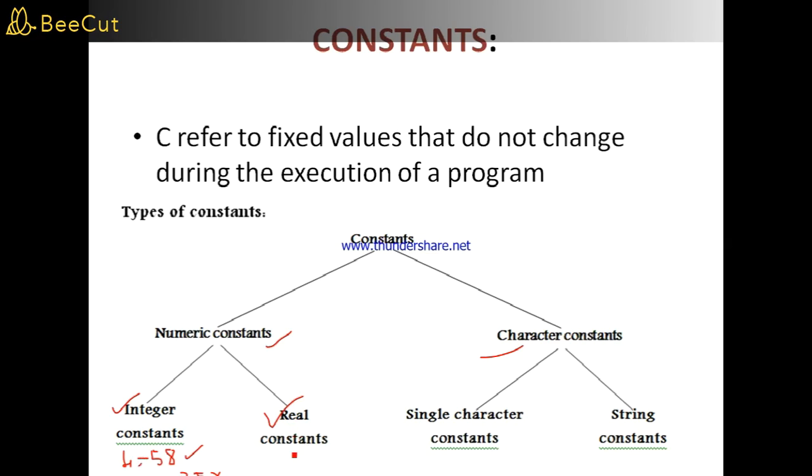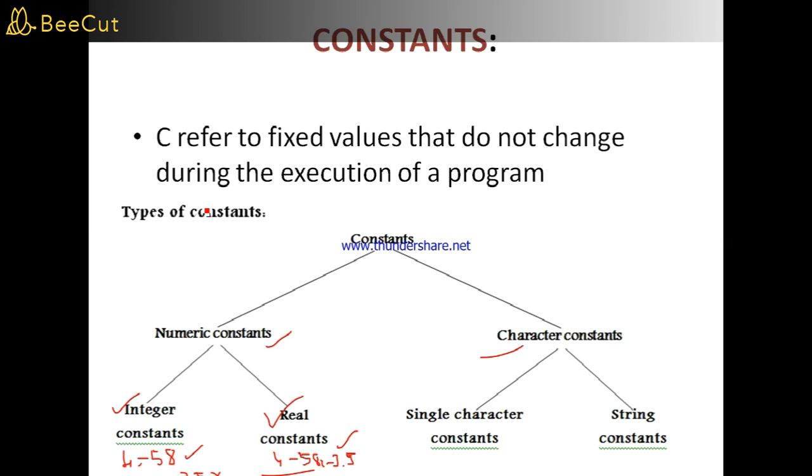But a real constant may be positive, negative, or a fractional number, so they are called real numbers. Real numbers include fractional points. It may be positive, negative, or negative with a fraction. So these numbers are called real constants. These are the examples for integer constants as well as real constants.